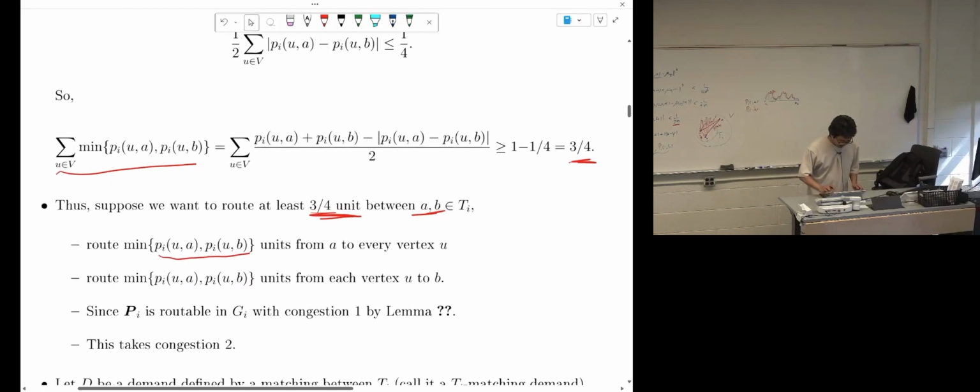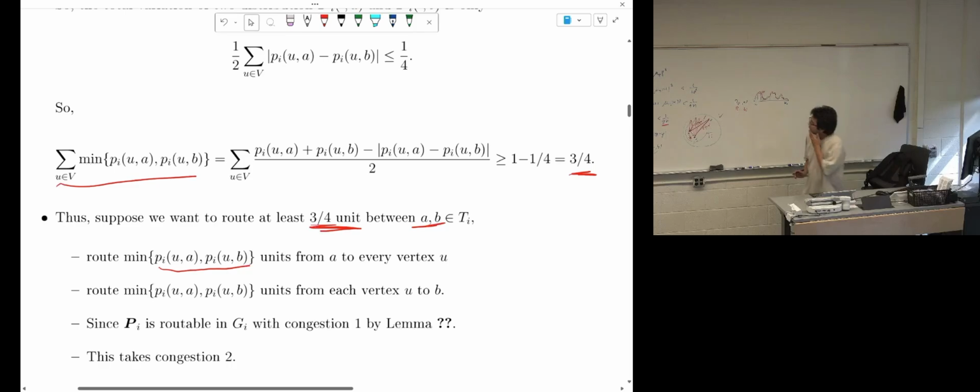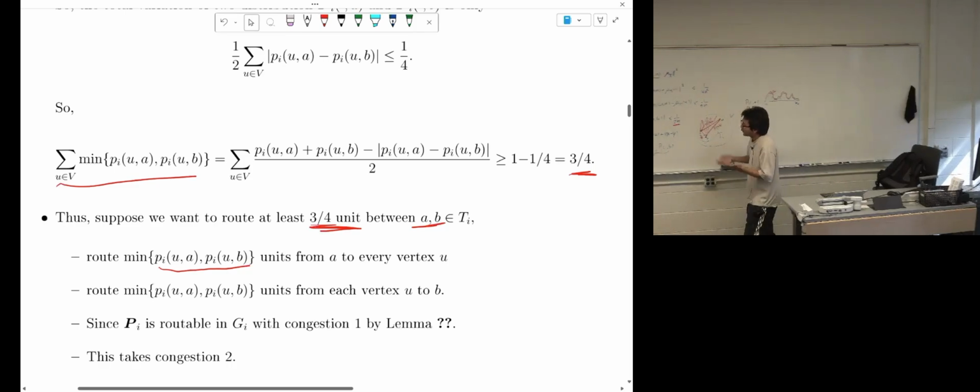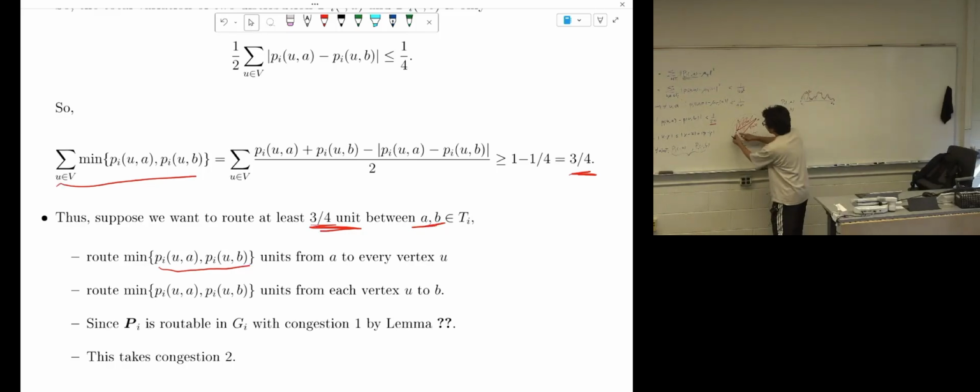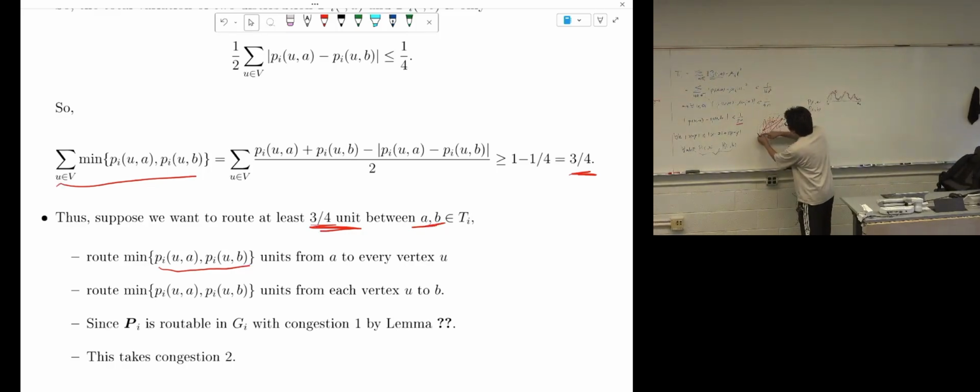Actually, no, congestion is 2. Because if A sends to every U, that takes congestion 1, and from all the U to B, that's another congestion 1. So that's congestion 2.